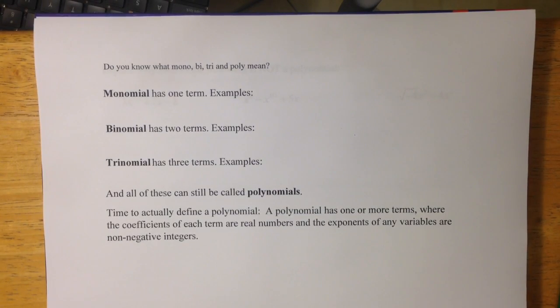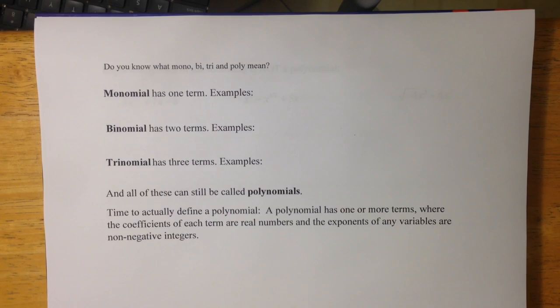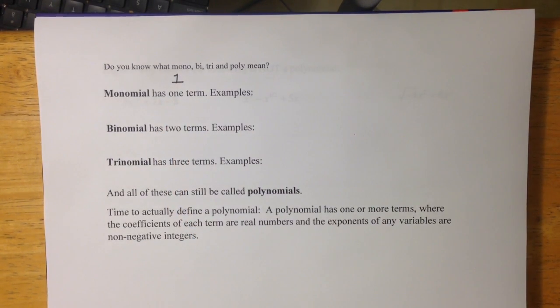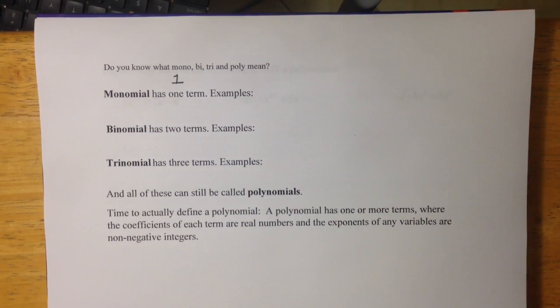You've probably encountered the prefixes mono, bi, tri, and poly just in your use of the English language. Let's take a minute and come up with an example for each of those to help you remember what they mean. Mono means one, like a monocle that has only one lens, or a monopoly where one company controls an industry.